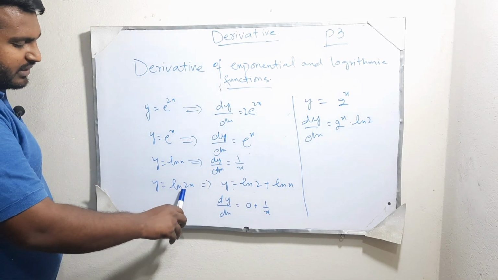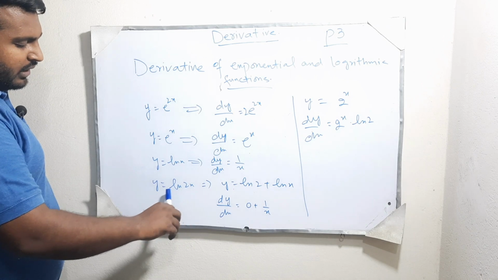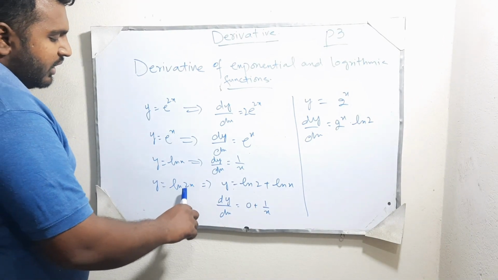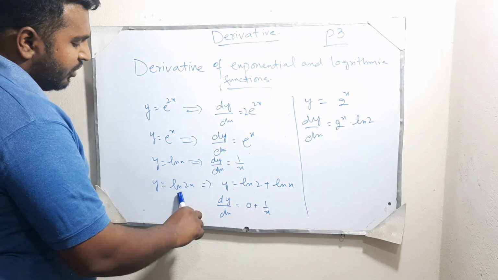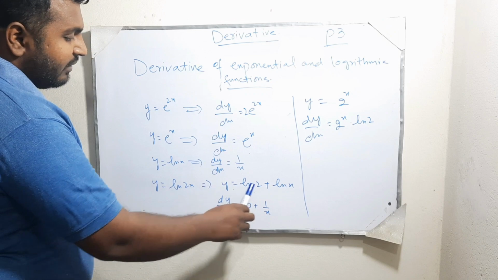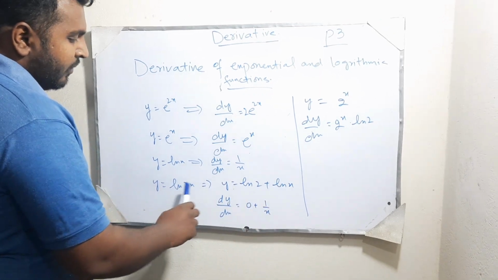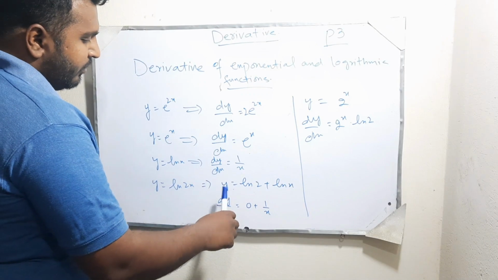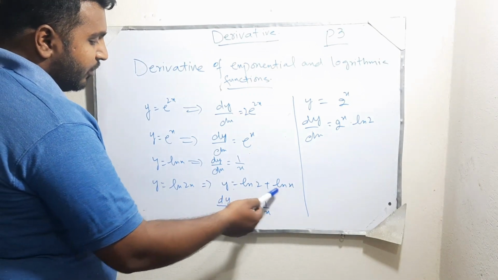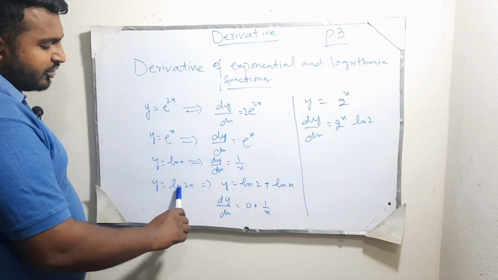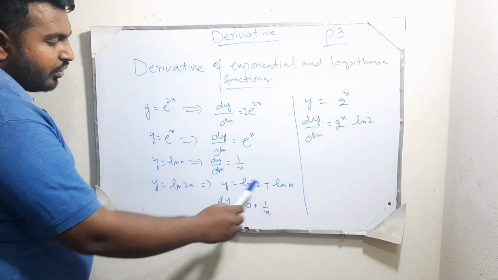But if there is a number like k, then there is a property of natural log. If the natural log is of two quantities like 2 and x, then they will separate out like this. This is the property of log. y is equal to natural log of 2 plus natural log of x.